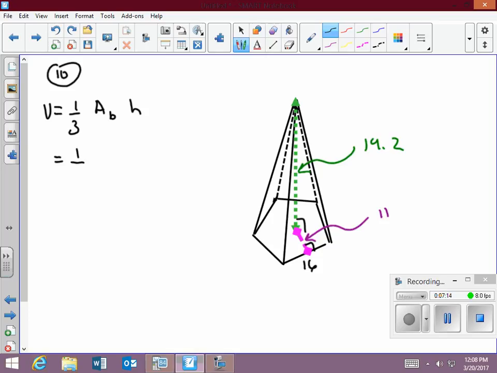And that area of the base, each one of those triangles is 1/2 of 11 times 16. But what you can do is you can do the perimeter. You can do 1/2 of the perimeter. And the perimeter is going to be 5 times 16, because there's 5 of those triangles that are 11 high.